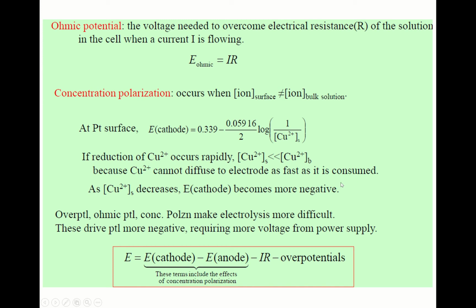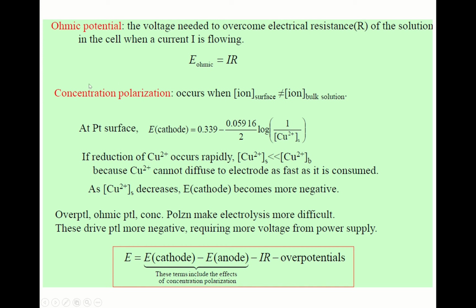Now you see the electrode is immersed in a solution containing copper ion, and now you apply potential, and copper ions are removed by diffusion to copper metal, and then the surface concentration will be very small, but the bulk concentration is still constant. Because there is a concentration gradient, bulk copper ions move towards the surface, but the diffusion process is not very fast.